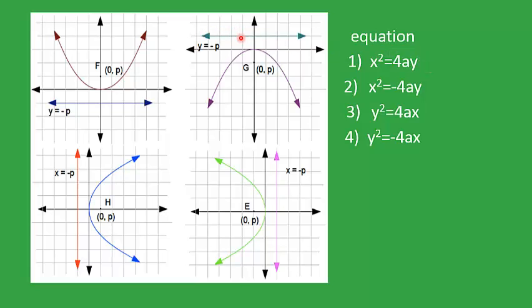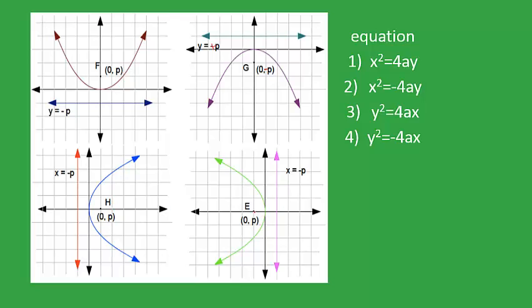This is the second type of parabola which we'll consider. It opens downwards and has its directrix at y equals plus p. It's given wrongly here; it should be plus p. The focus is at (0, minus p). Similarly, this is the parabola which we considered in our proof, with directrix at x equals minus p and the focus at (p, 0).